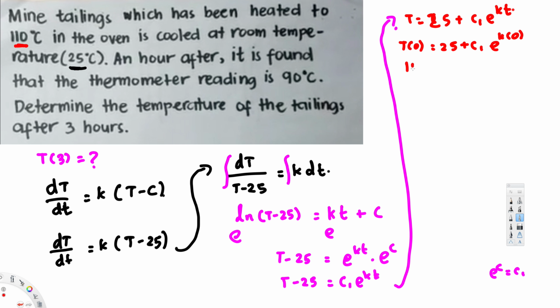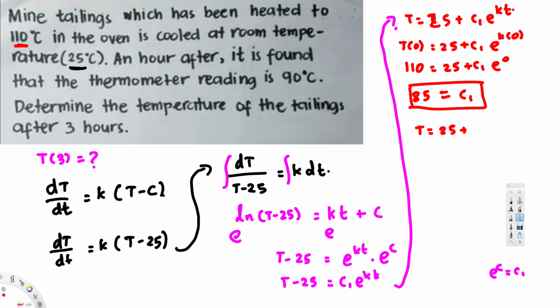So we can plug that one right here. 110 is equal to 25 plus c1 e power 0, and 110 minus 25, that's going to be 85, is equal to c1 e power 0, which is just 1, so c1 is equal to 85. Okay, now from this one we can bring more to this equation. That's going to be T is equal to 25, now we can add this 85 to this equation, that's going to be 85 e power kt.